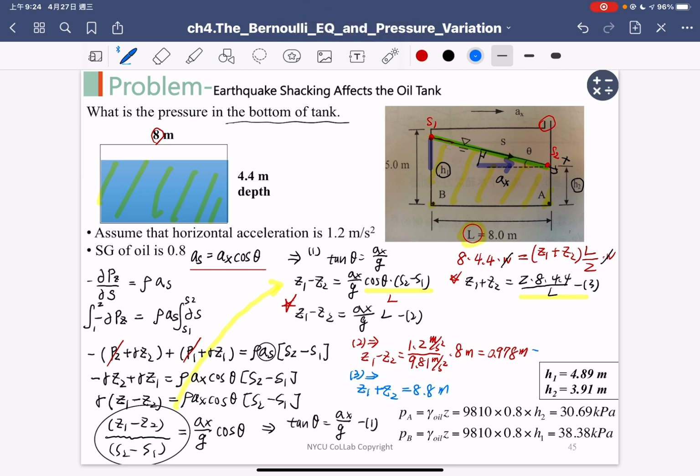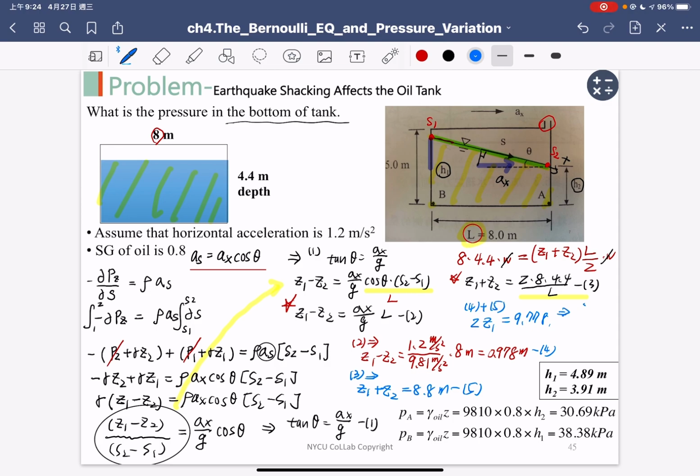Okay, so you have the two equations. Maybe this equation is 4 and this equation is 5. If we add 4 and 5, we can cancel out D2. So 2 times D1 will equal 9.778.